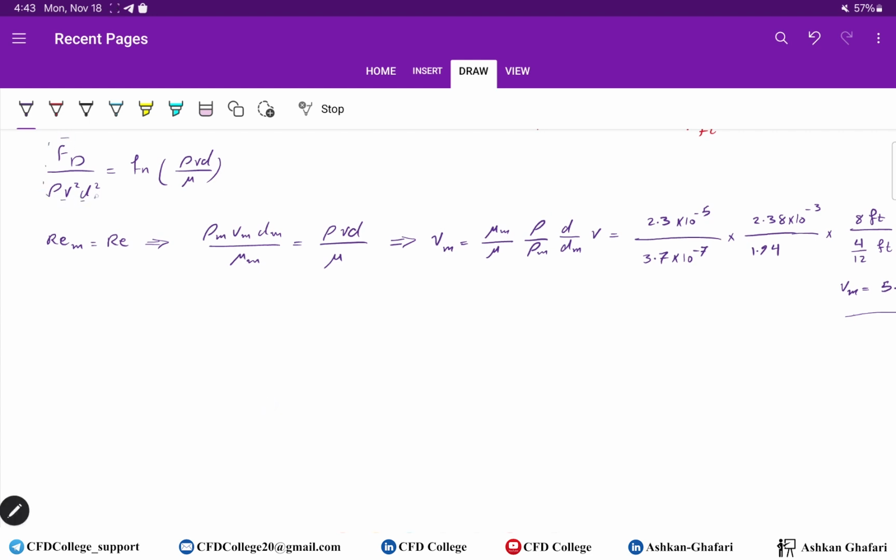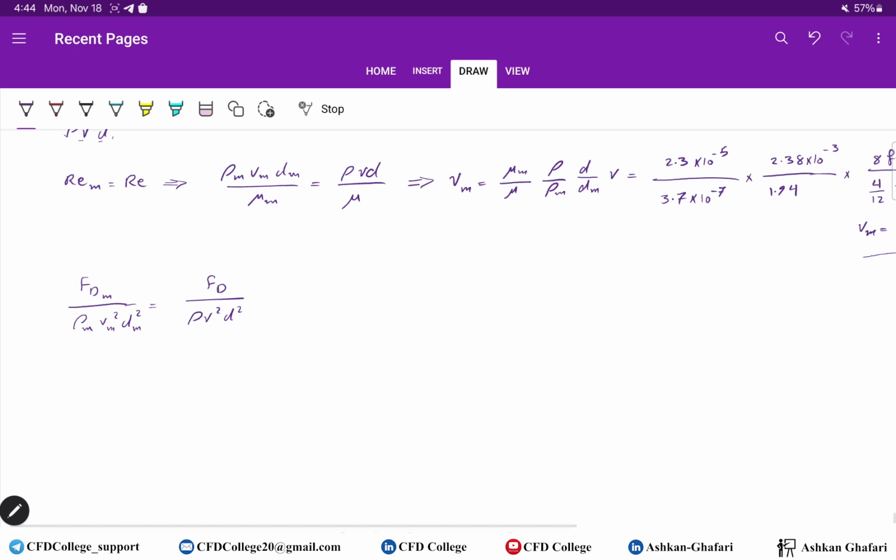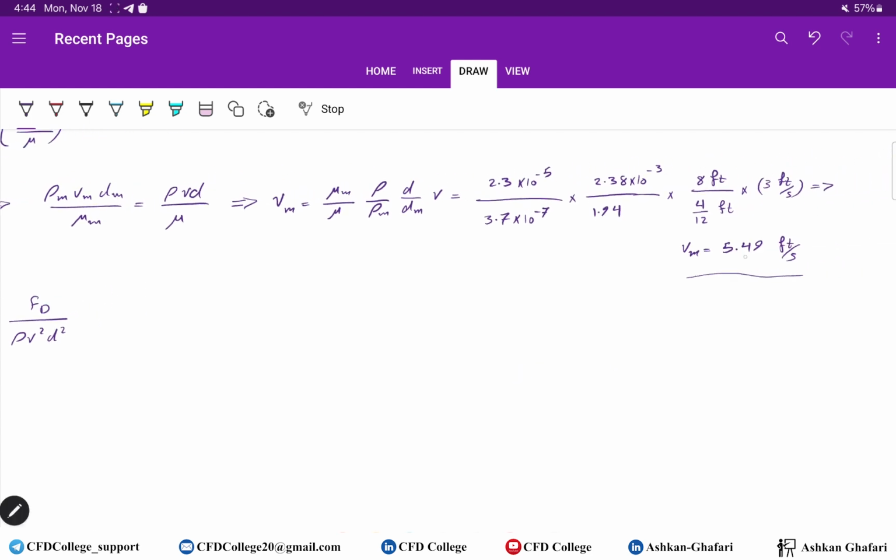It is called drag coefficient. So FdM over rho m Vm square dm square equals Fd over rho v square d square. So velocity is 5.49. Actually, it's near 5.5.